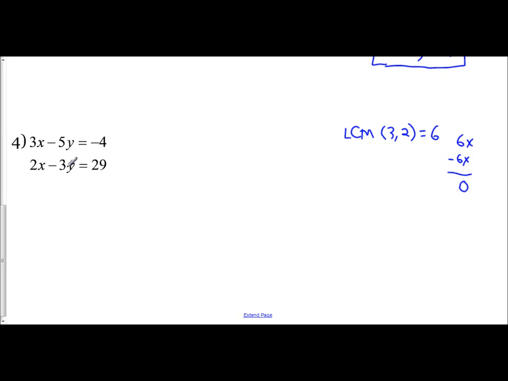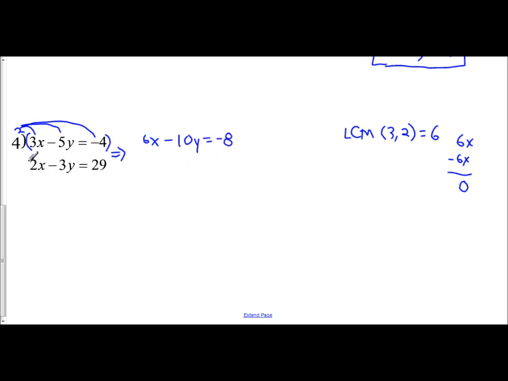So if I look at the first equation, 3x, if I want to make 3x into 6x, I'm going to multiply the entire equation by 2. That's going to give me 6x, distributing it to all the terms, minus 10y equals negative 8.